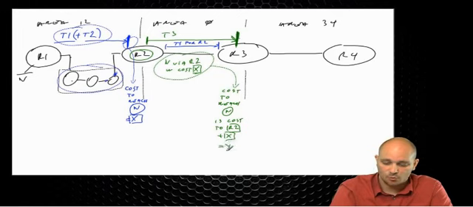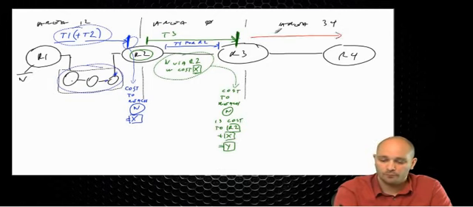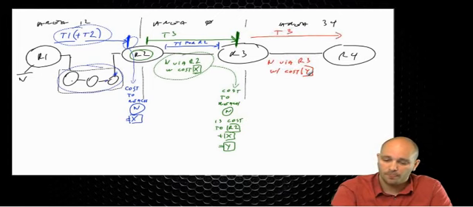And let's say that this is Y. So this is the information that we have. So R3 is now going to generate a new type 3 LSA, and it's basically going to say that N is reachable through R3 with cost Y. Okay?